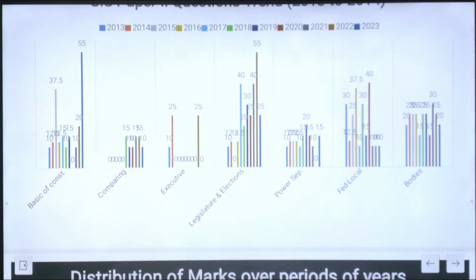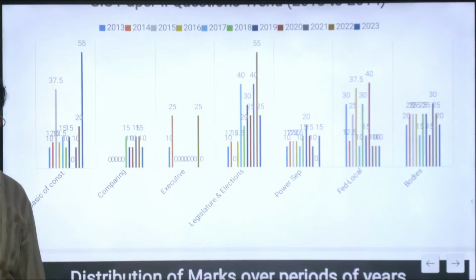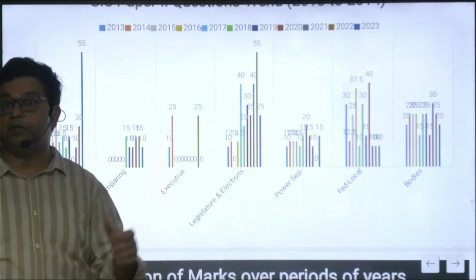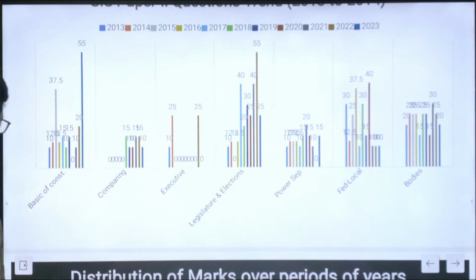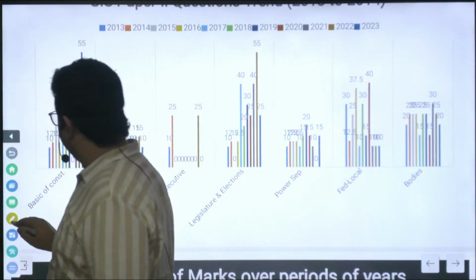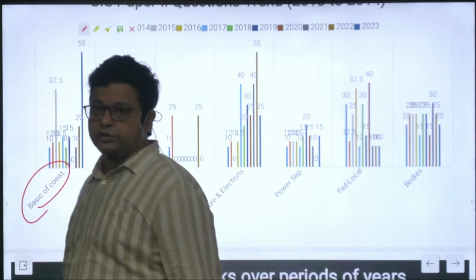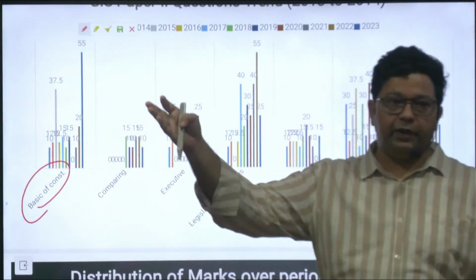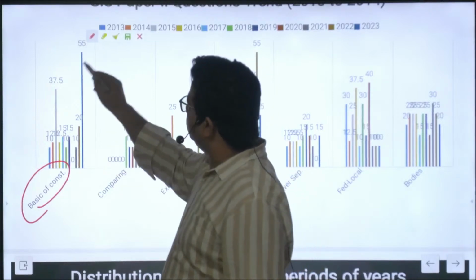Now how you need to study depends upon the PYQ pattern, that is which topic has been more focused in the examinations. So if you see from the basics of the constitution, that is special features, underpinnings, evolution, there is a continuous rise in questions.